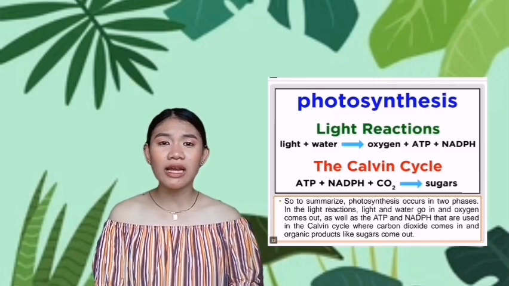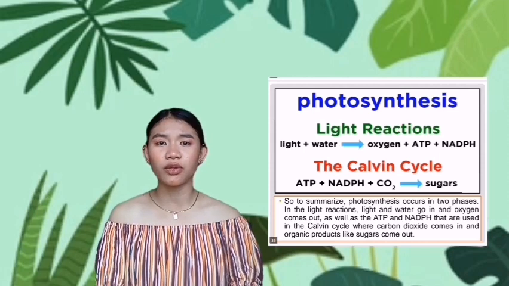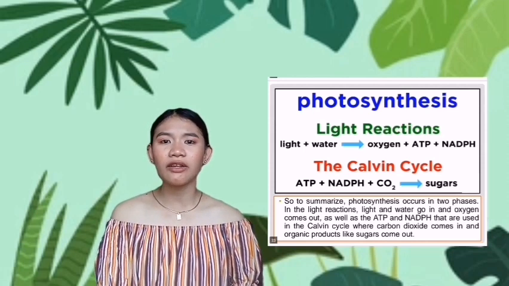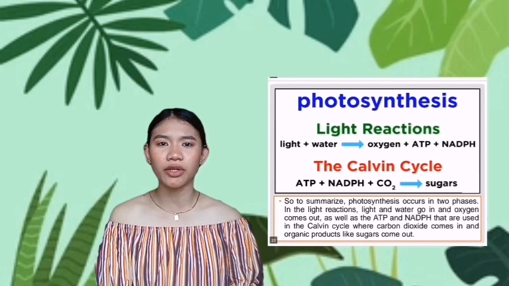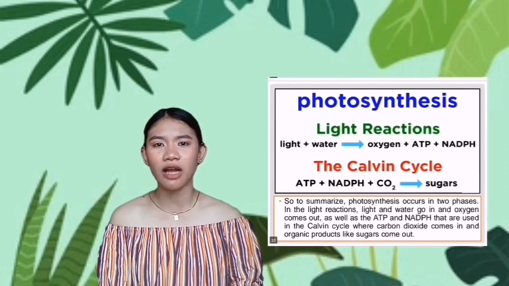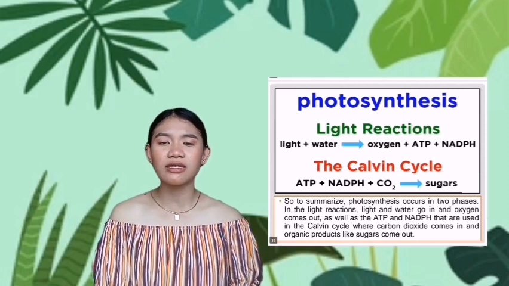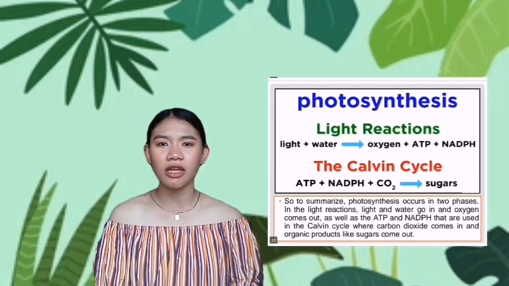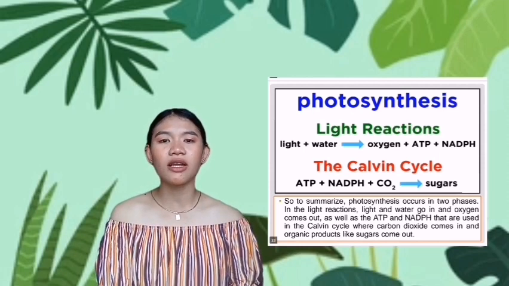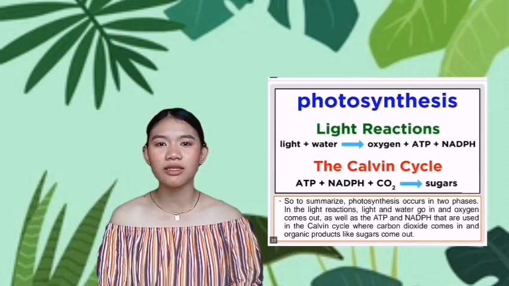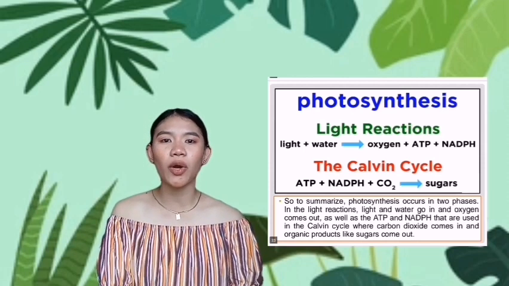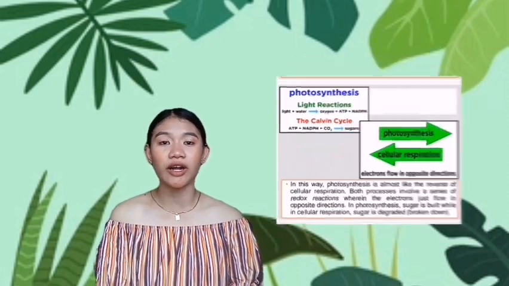So to summarize, photosynthesis occurs in two phases. In the light reaction, light and water go in and oxygen comes out, as well as the ATP and NADPH that are used in the Calvin cycle, where carbon dioxide comes in and organic products like sugar come out.